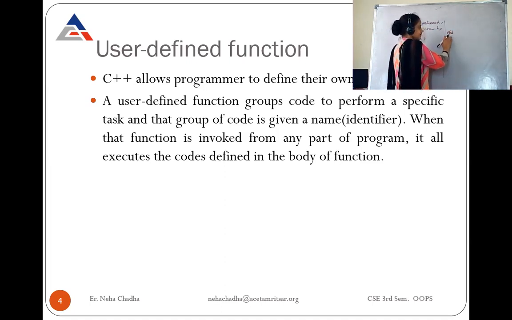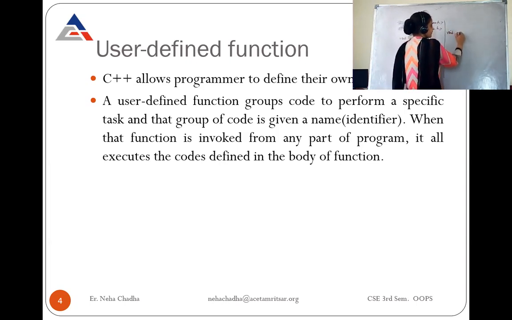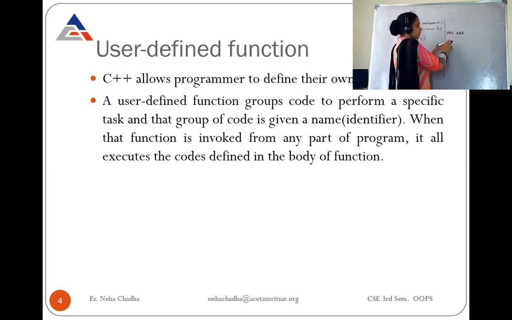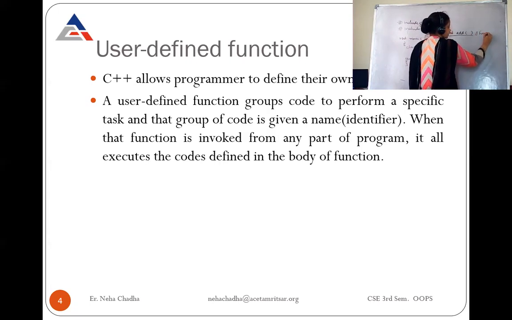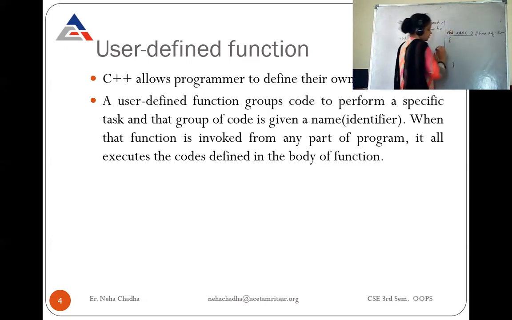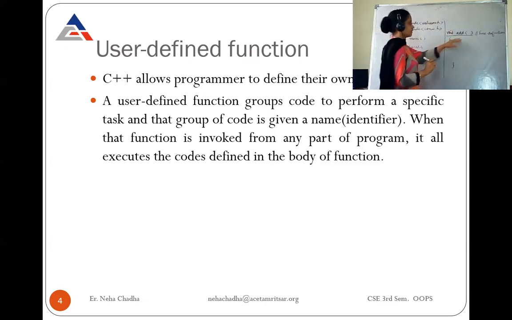My function will perform addition. We are having return type as void. Then I will give the name of the function as add. What is this return type? How will you write this? I will come over this topic later on. Firstly, take void add. This is the function definition. That means what my function is going to perform.